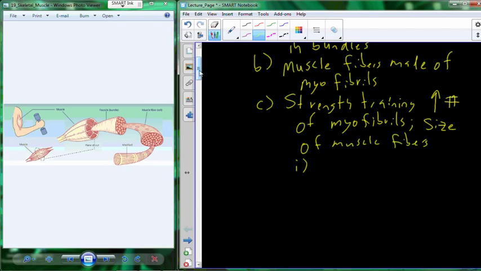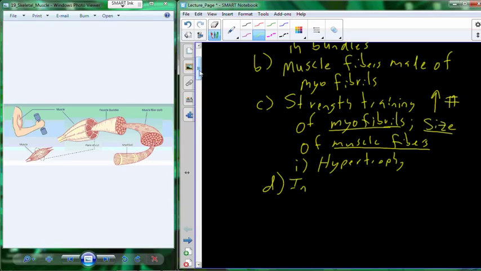This process of adding additional myofibrils and increasing the size of the muscle fibers is hypertrophy. So hypertrophy is the way in which a muscle gains size, by increasing the protein, the myofibrils, leading to an increase in muscle fiber size. We're not actually adding additional muscle cells, we're just increasing the size of those that already exist.